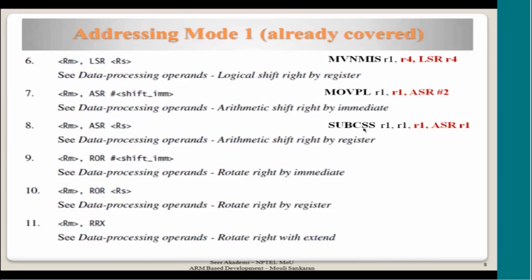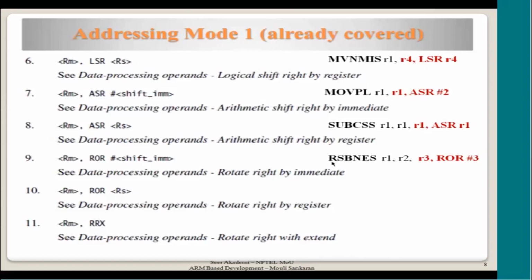Based on the condition, CS, the carry flag being set, it will affect the flags, and then a subtract operation will be done. That is, this operand minus whatever comes after this arithmetic shift. Now ROR is a rotate to the right. That means the LSB comes back to the MSB.